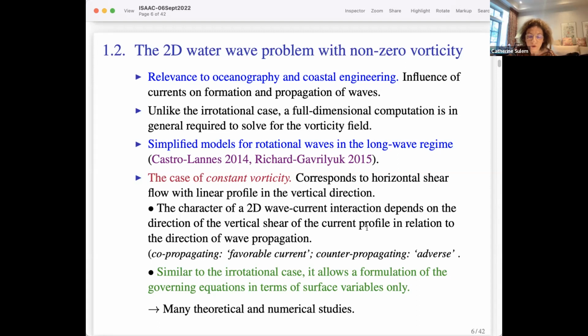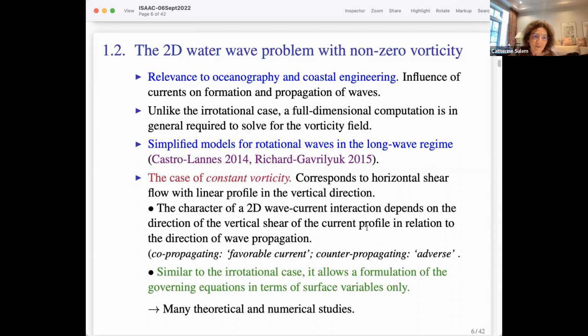And this refers to the fact that experiments and also numerical simulations have indicated that in the case of the adverse current, this adverse current will shorten the wavelength. It will increase the size of the wave, the height of the wave, and its steepness.